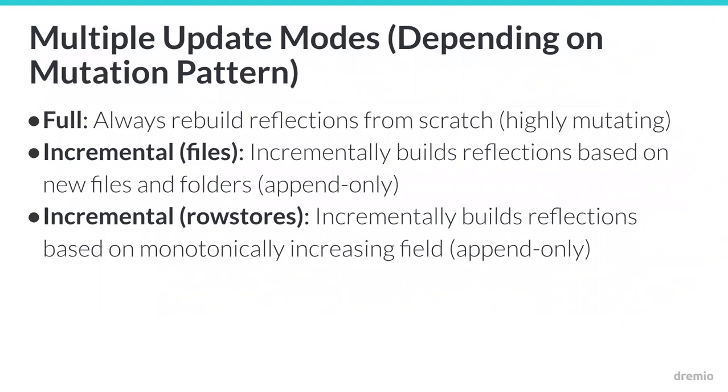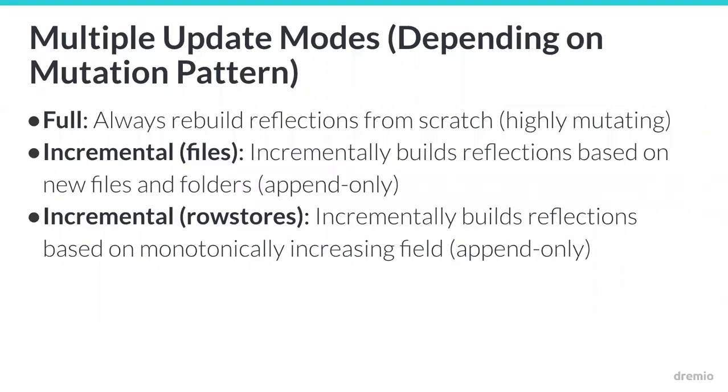And the two ways this is handled depends on what type of data source we have. If it's file system based, then we can simply look at the timestamp or the create time for the files and only add the data from the newly added files.